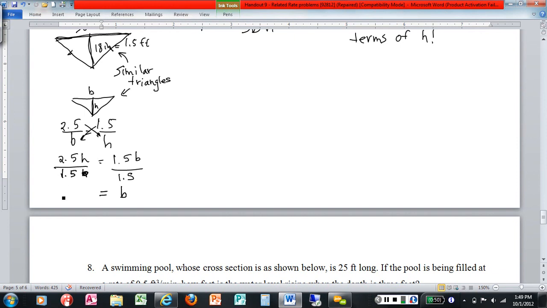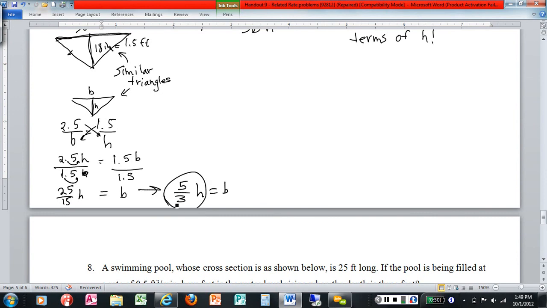How does that reduce? It's 25 over 15 H, which reduces by 5, doesn't it? 5/3 H. Okay? So there you go. There is B in terms of H.